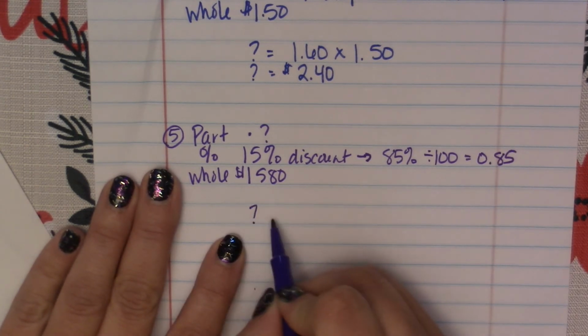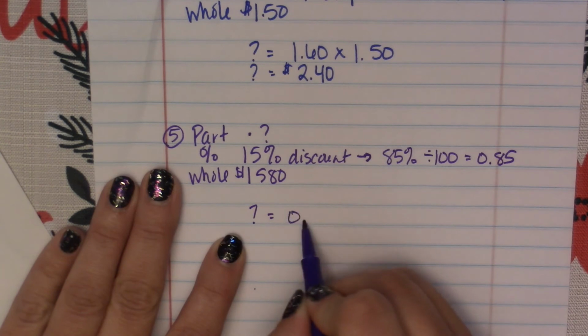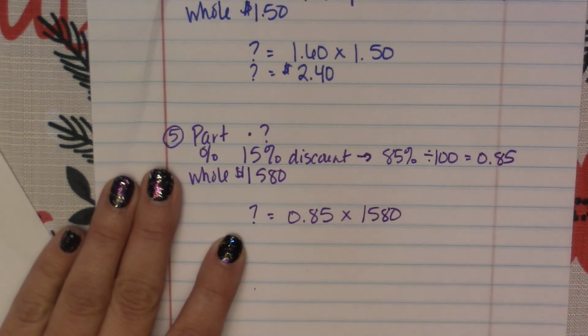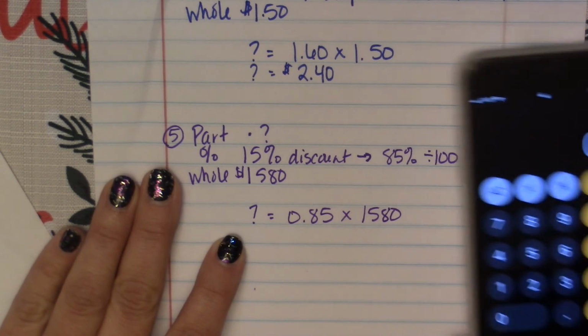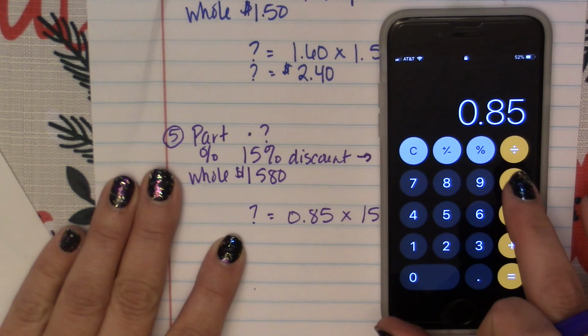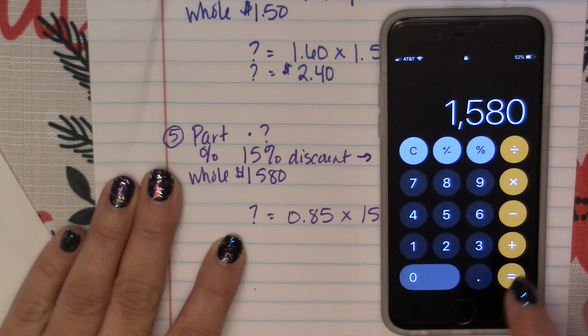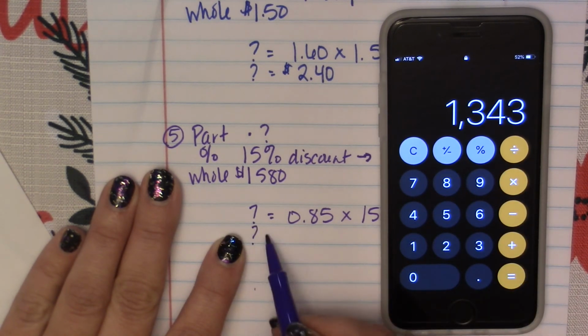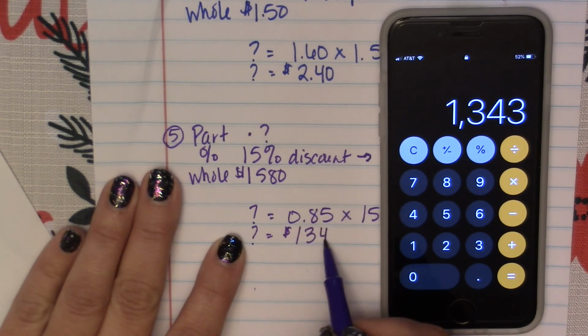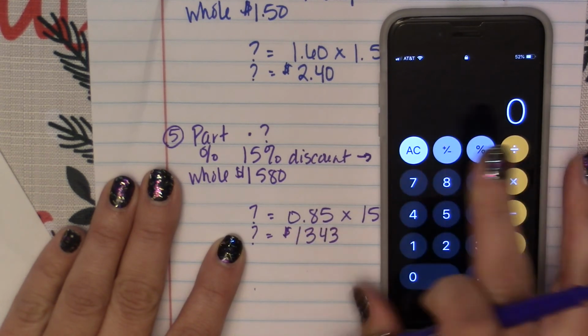All right, so our part is equal to the percent as a decimal times the whole. We can use our calculator here. 0.85 times 1,580. So Mr. Quick would have spent $1,343.